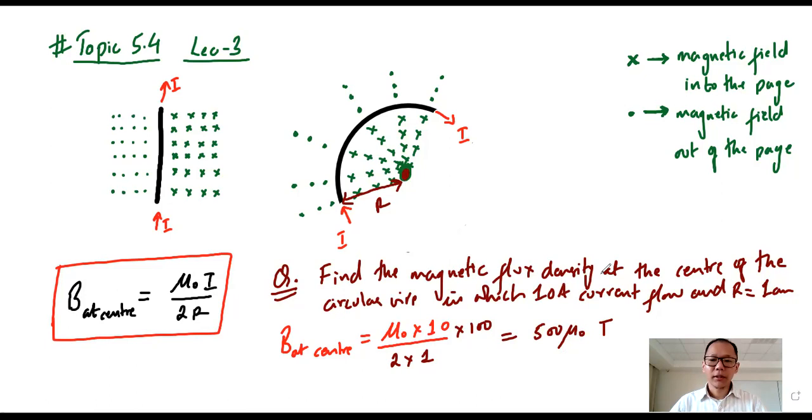We will do one more thing and we're done with this lecture. That is to find the magnetic field directions for a circular wire. There's an easier way to find the magnetic flux direction.